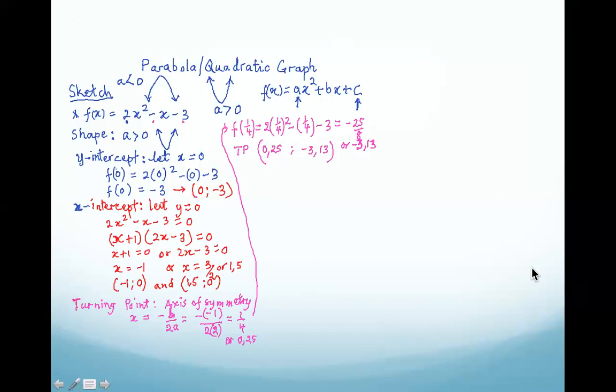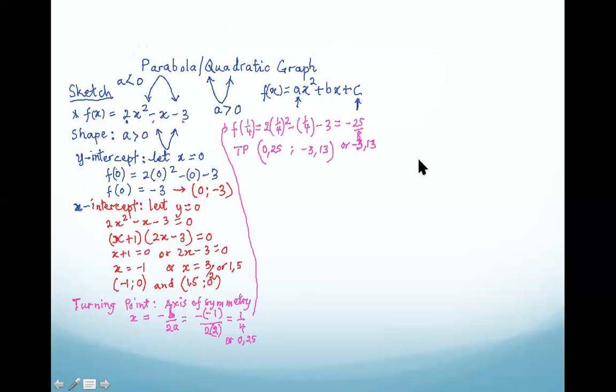All right. So now we can draw our graph. Let's see how we can draw our graph. All the points that we found now, we have to enter them onto the graph. So I have to draw the x and y axis first before I know what to do.